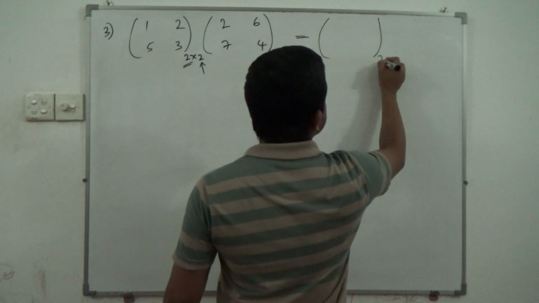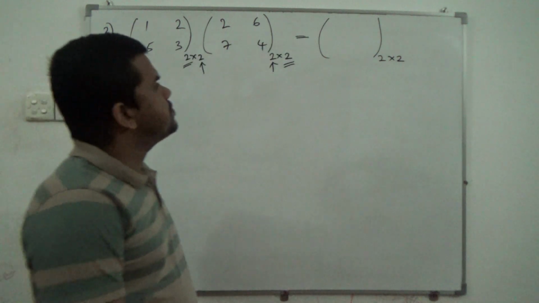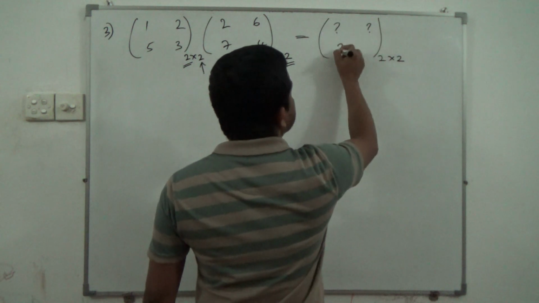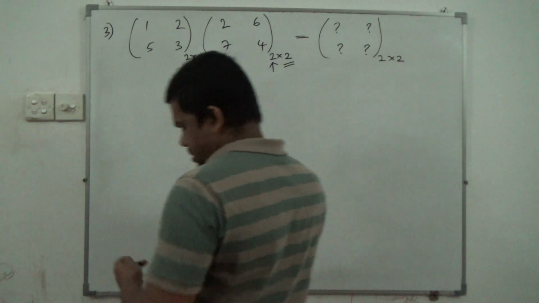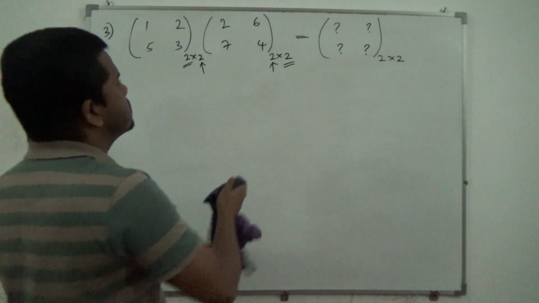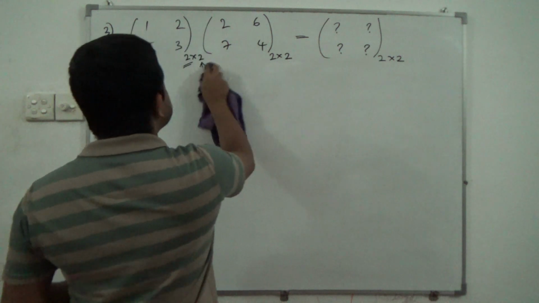Therefore, this one is also a 2 cross 2 matrix. Now, altogether we have to compute 4 elements.